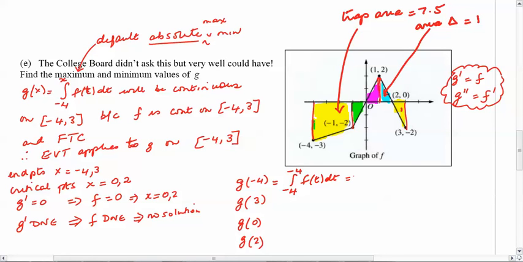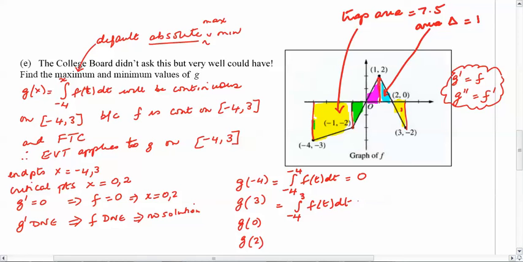The integral from -4 to -4 will give me 0. This one's a little trickier. It's the integral from -4 to 3 of f of t dt. So I'm going all the way from the beginning to the end over the whole domain. And I've written down the trapezoid area was 7.5. Each of those little triangles has area 1.